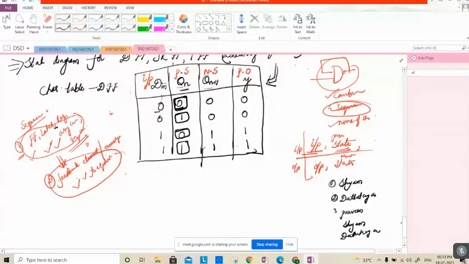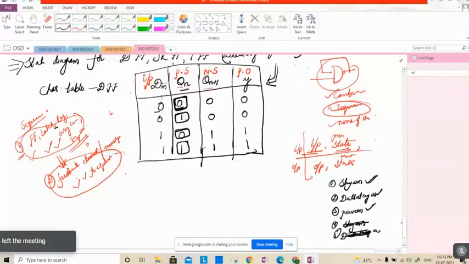Is it 1, 2, 3, 4, 5? No, it is only 3, right? This is the one, this is the next, this is again repeated, this is again repeated. So only 3. So here also the total number of unique states are only 2. 0 is one state, 1 is another state. Is it clear? Yes, sir.